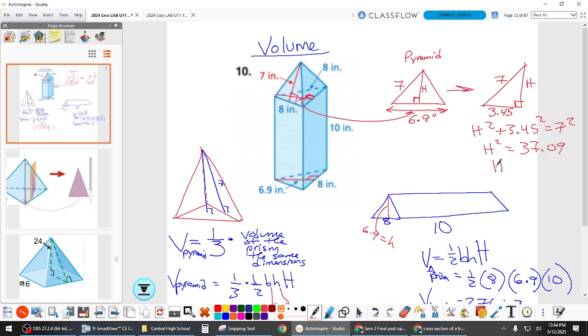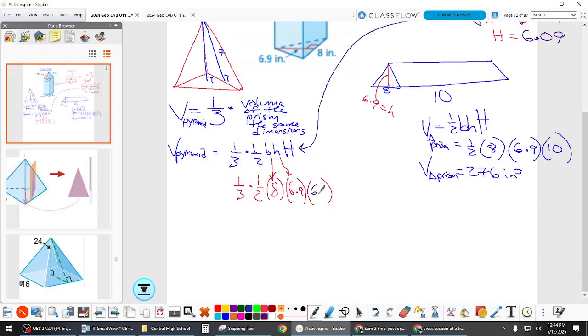And then square root to get h. So that is the height of our pyramid sticking up here at the top. All right, and then we just type all that mess in our calculator for the pyramid on the top.